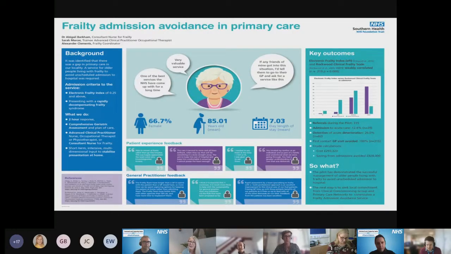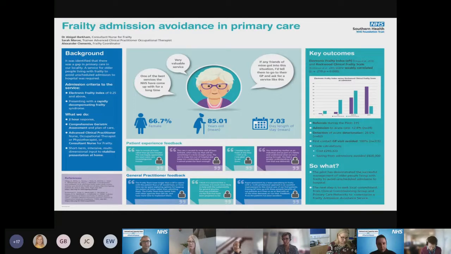I just want to tell you a little bit about a case study of a team that used the urgent response model. This was a frailty admission avoidance service in Mid and North Hampshire. It was a pilot service, started a couple of years ago, providing a 2-hour response for patients with frailty who were clearly having a crisis in their health or a decompensation of condition.